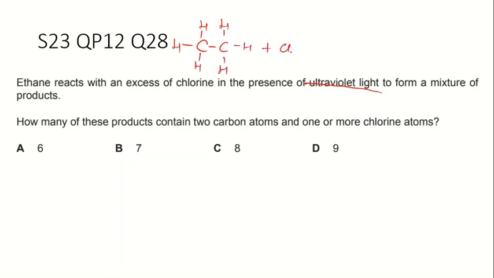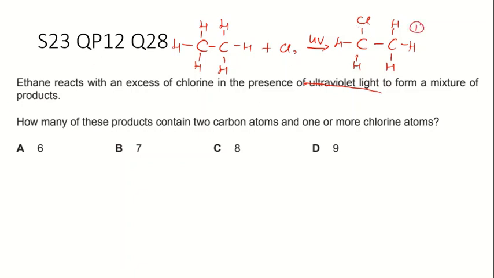So if you have chlorine in the presence of UV light, any hydrogen in this ethane molecule can be substituted. The simplest substitution product that we will get is this chloroethane. So this will be our first product.